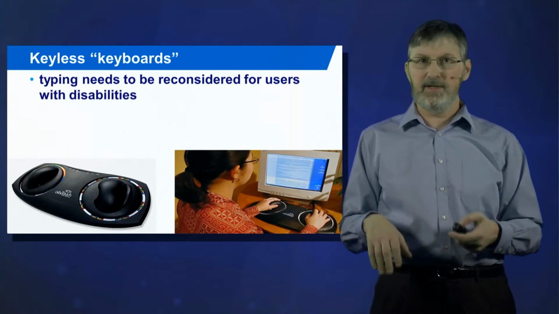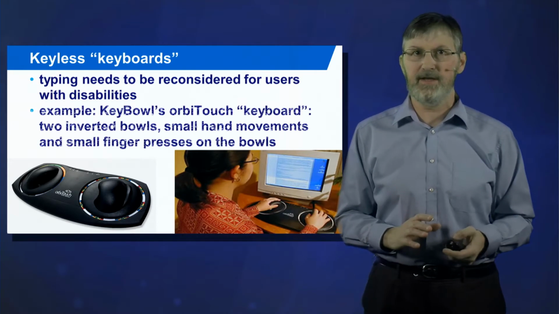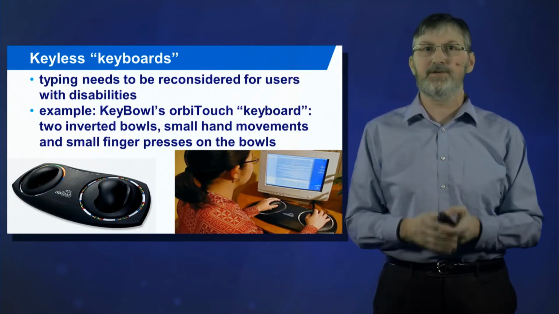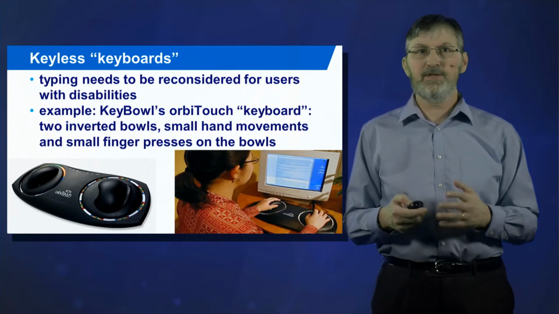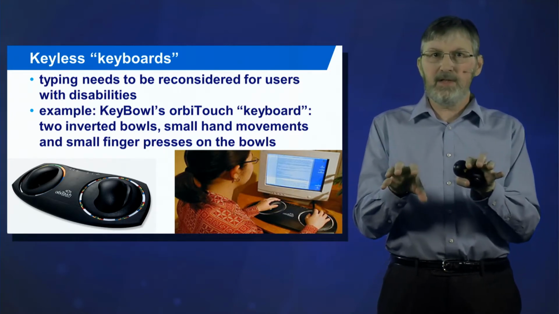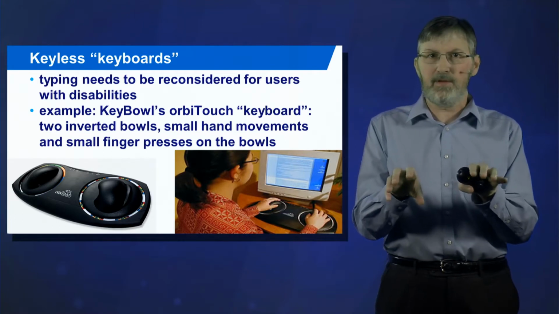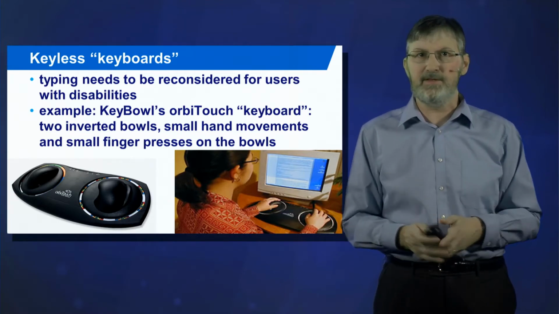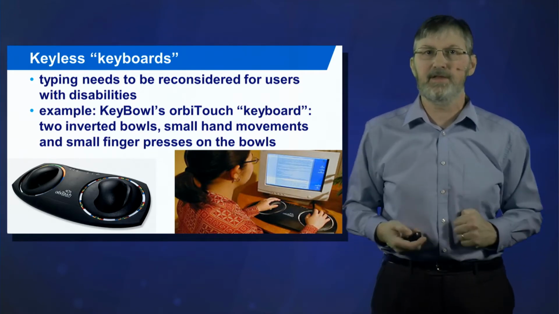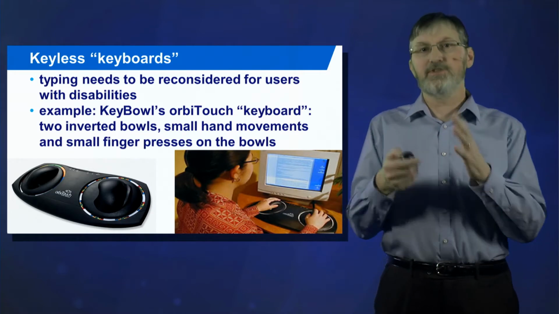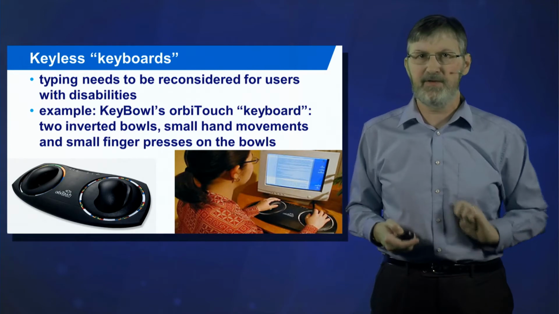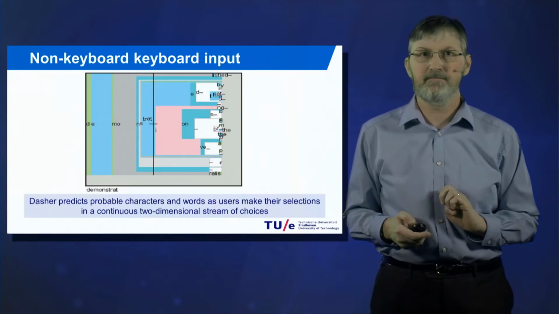There are completely alternative ways to enter data. What we see in this image, for instance, is the OrbiTouch keyboard, which uses inverted bowls, where small hand movements and a little bit of finger movement is enough to actually enter different letters. Supposedly, this is better for people who are prone to developing RSI.